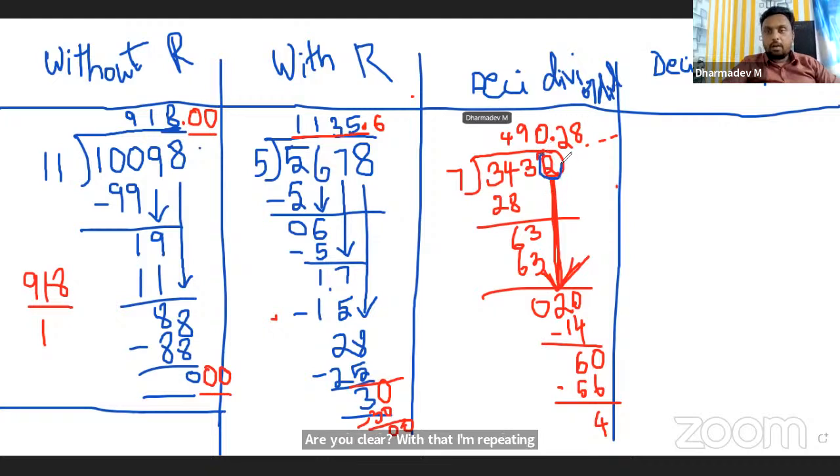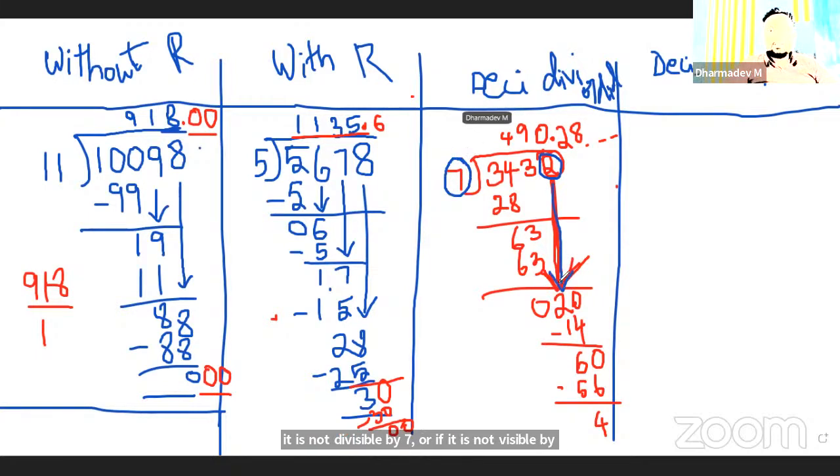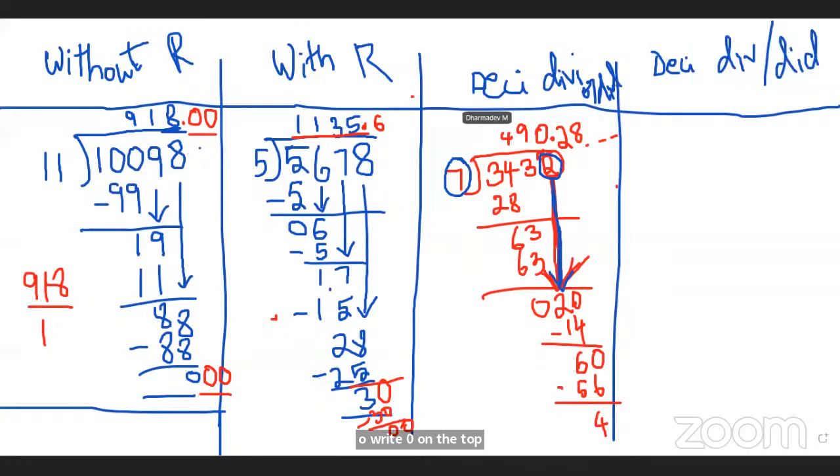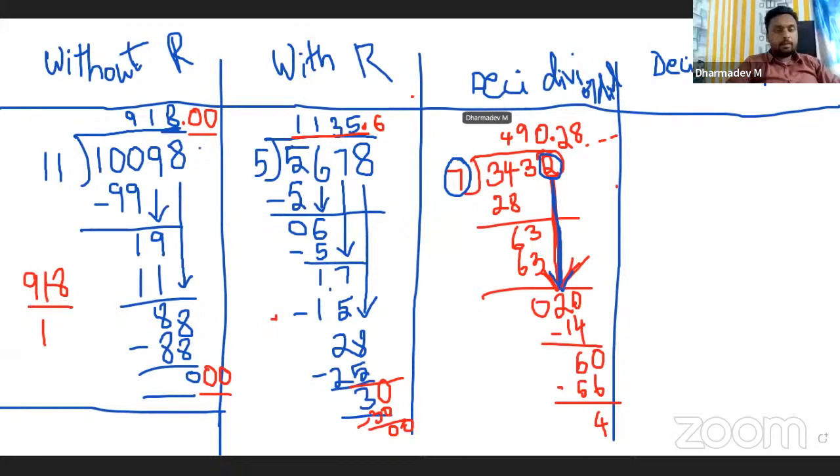When I bring down a number and if it is not divisible by 7, by the divisor, that means it is smaller, then I have to write 0 on the top. Are you getting it?